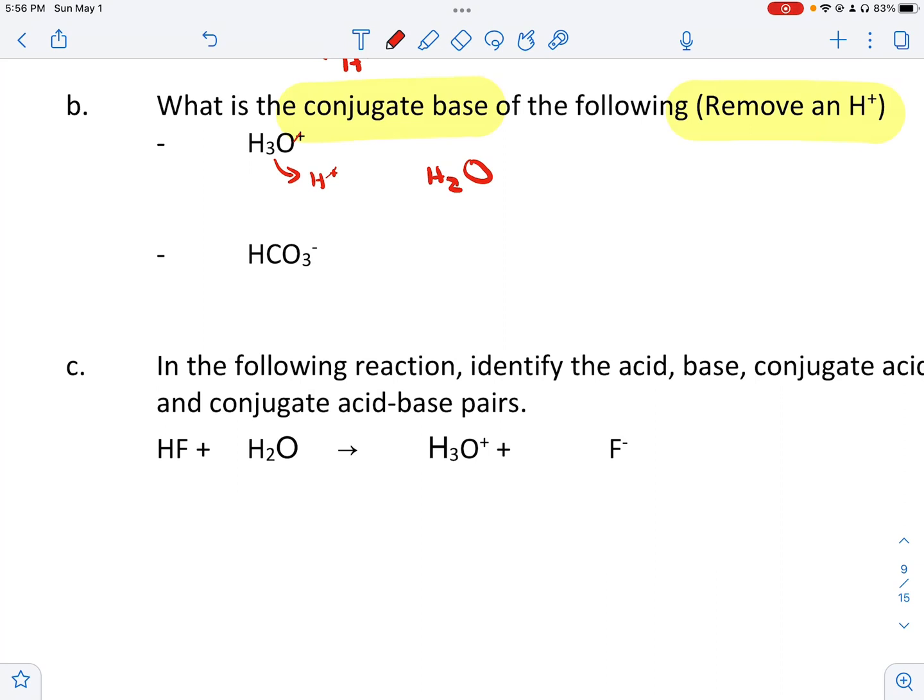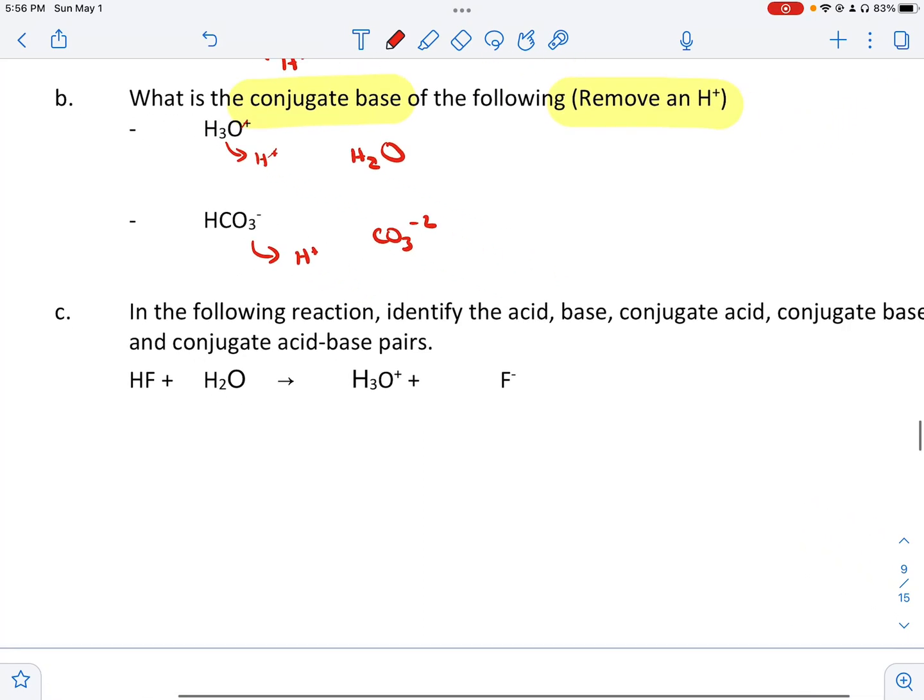Let's look at that next one. Again, we're taking away an H+. So now we're going to have CO3 because we removed an H. We took away a positive and we had a negative already, so now we're down to 2-. Notice how we had to check our charges.